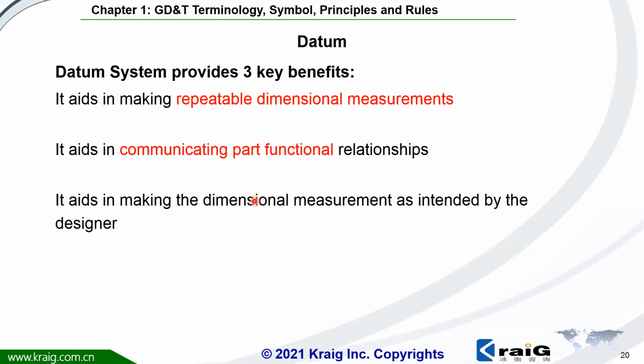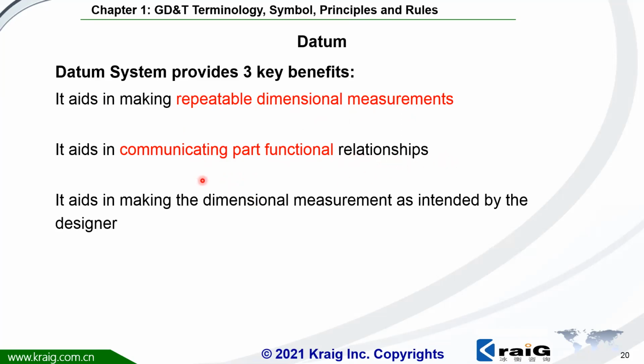When we use the datum system, it provides three key benefits. First, it helps to make repeatable dimensional measurement. The measurement is repeatable. Second, it helps communicate the function of the part to the user.